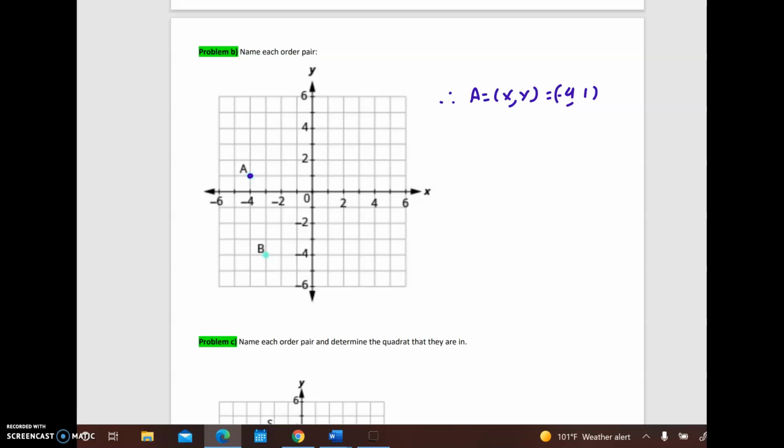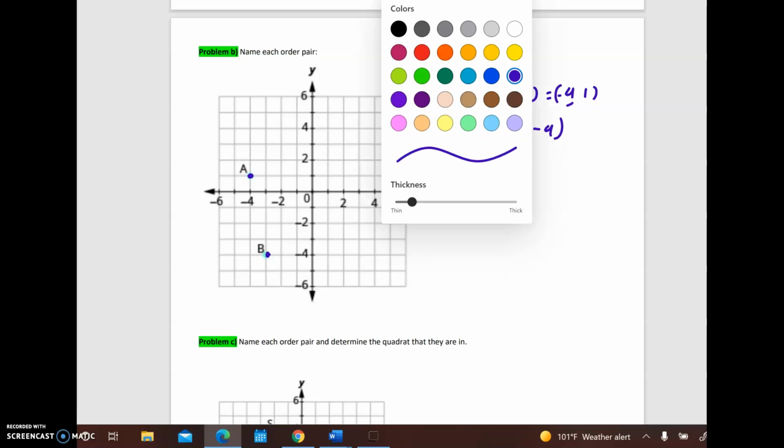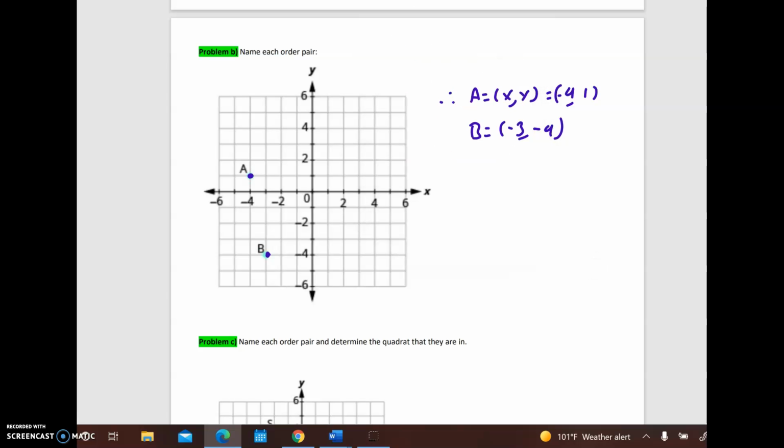That's going to be this coordinate point. Coordinate point B, it's going to be at -3, and then -4. That's going to be that coordinate point, and that's actually it. This one, they just want us to name them.